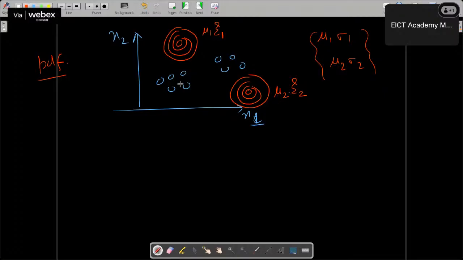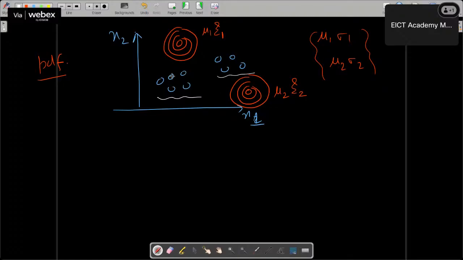Let's say this one is a left side data point and this one is a right side data point. So my left side data point has higher likelihood to lie under this mu1 sigma 1, and this right side data point has higher likelihood to come under this mu2 sigma 2.